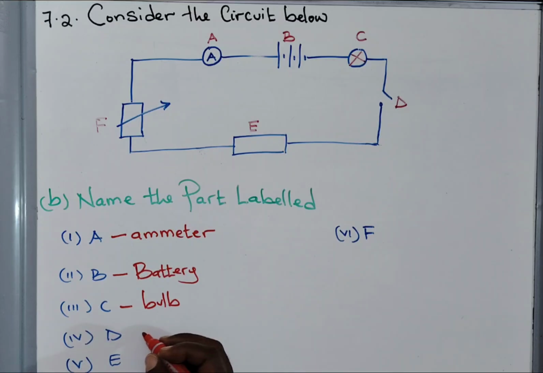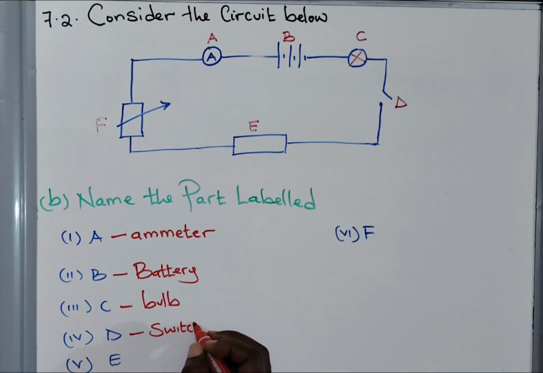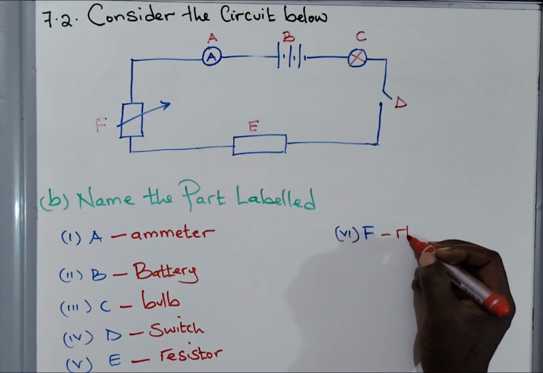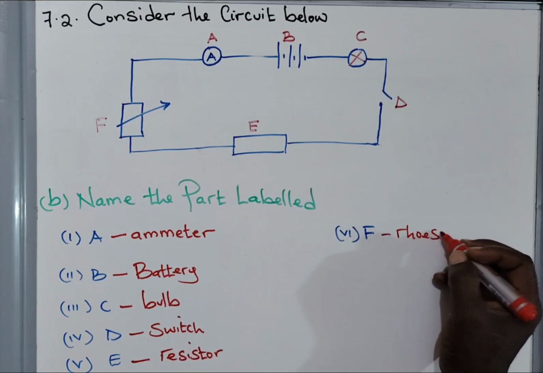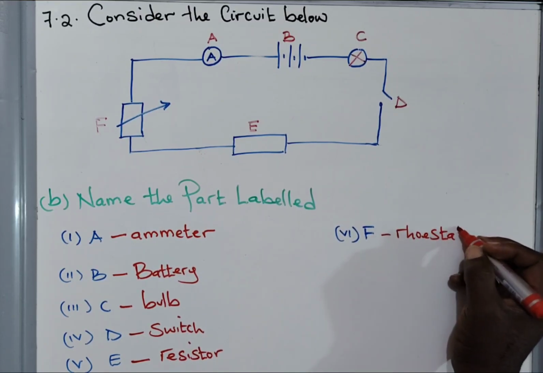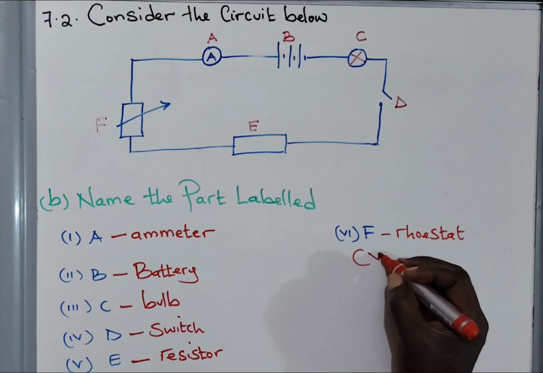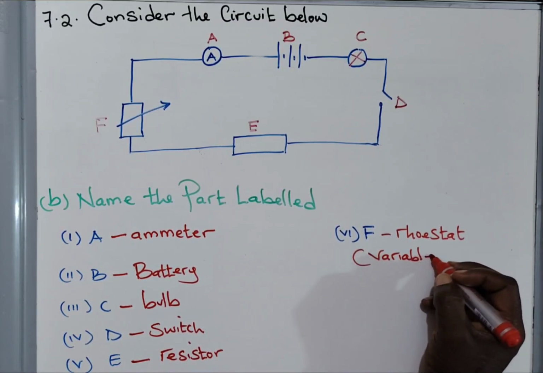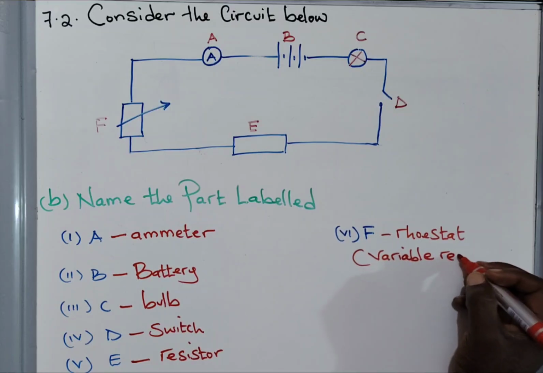And D is switch. And E is resistor. What is F? F is rheostat or variable resistor, a resistor whose value can be changed.